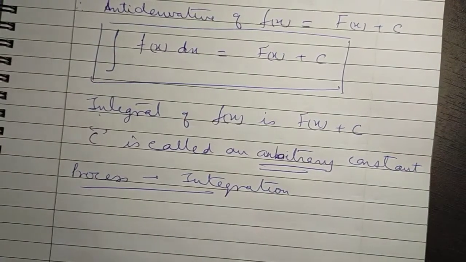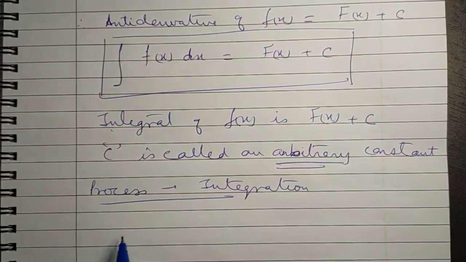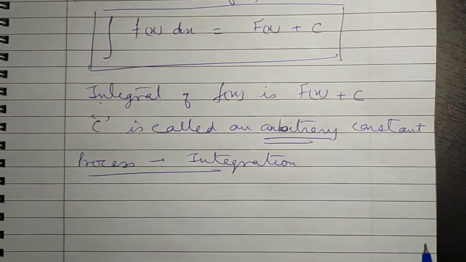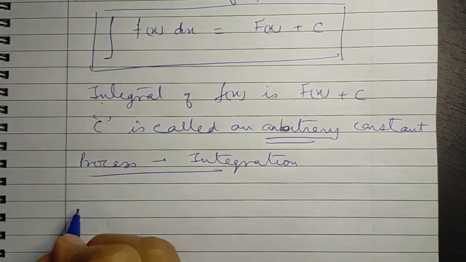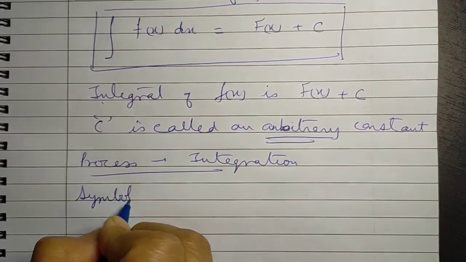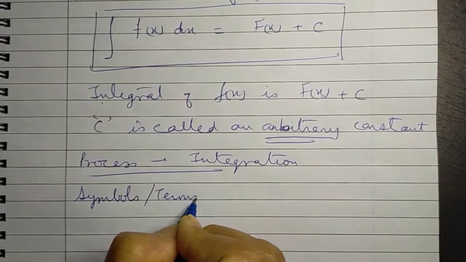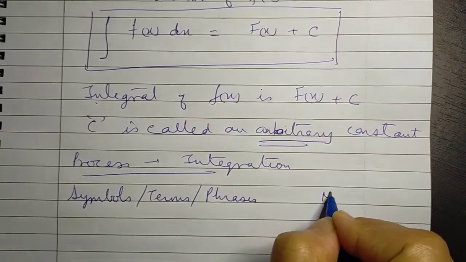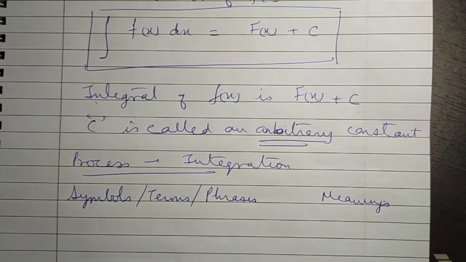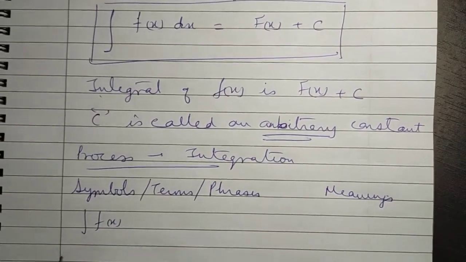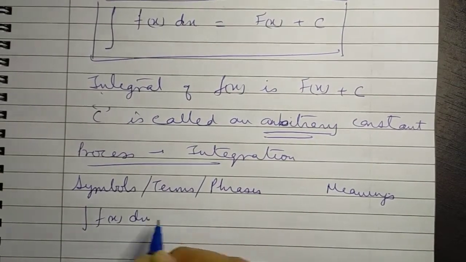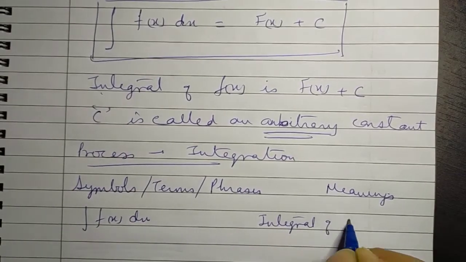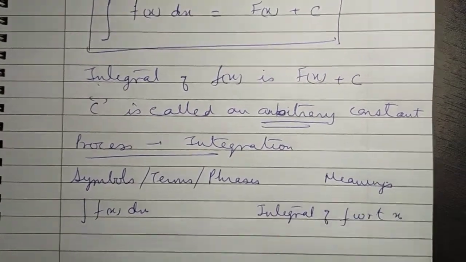Now let us quickly take up some symbols, terms and phrases which we are going to use very often in this chapter, and their meanings. So when I write the integral of f(x) dx, it means the integral of f with respect to x.